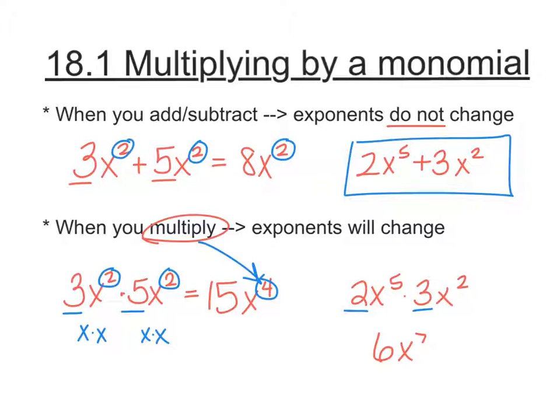We could expand that out just to see. This is 2 times, I could write 5 x's. Remember, when in doubt, expand it out, times 3 times x, and that may be a little easier for you to see all of the different pieces. 2 times 3, and then 5, 6, 7 x's.